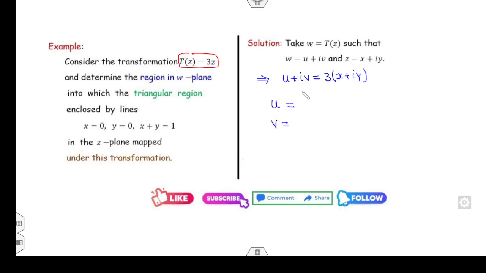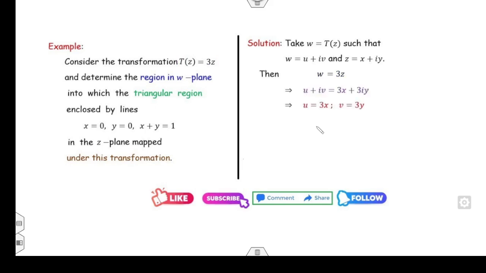You can equate the real and imaginary parts. So the U value will be 3x, and the imaginary value will be 3y. Now, what is my given region? X is equal to 0, y is equal to 0, x plus y is equal to 1.